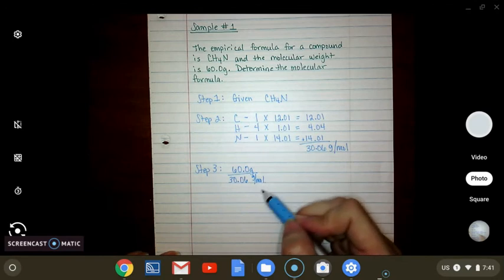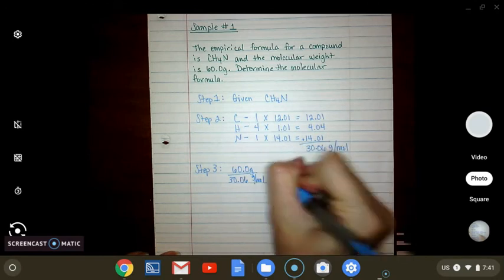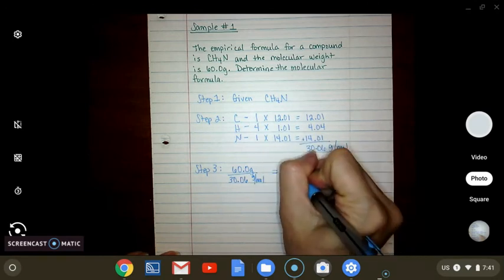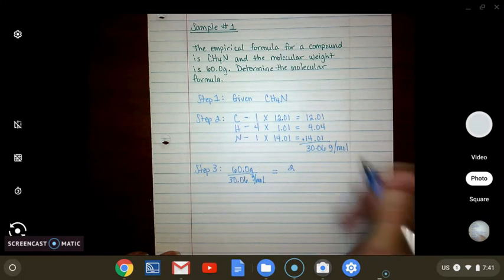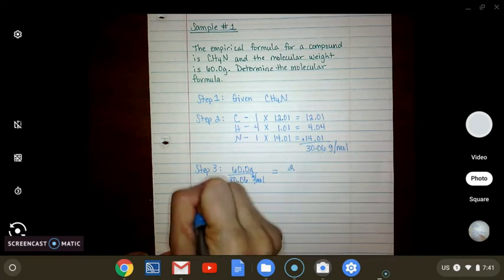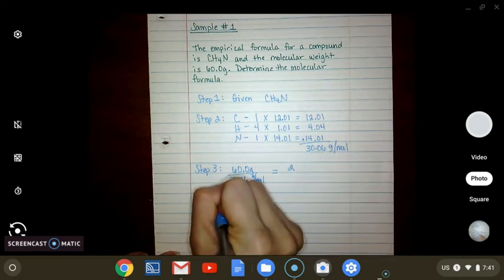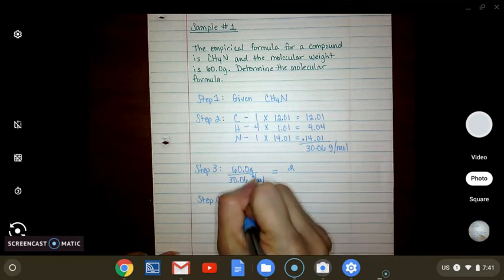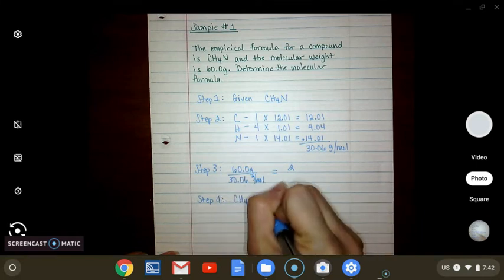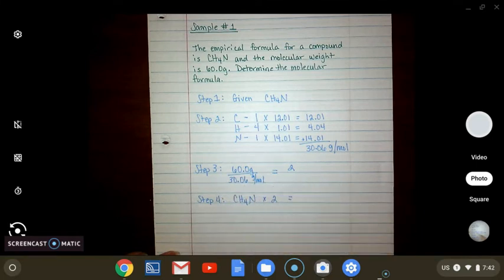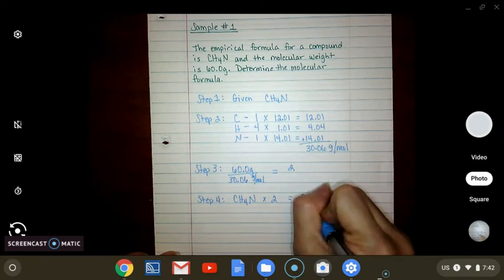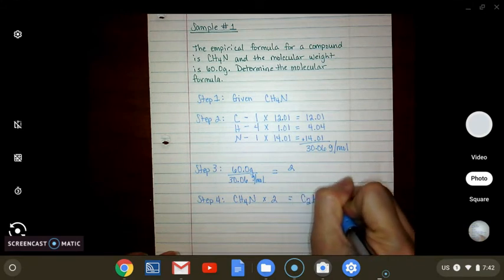So remember, grams is canceled out, and you get 2. So then you're going to take this 2 in step 4. You're going to take CH4N times 2, so everything by 2. So you get C2H8N2.